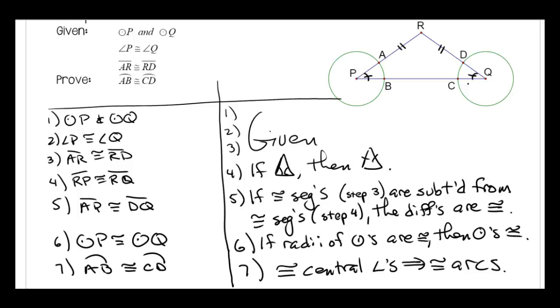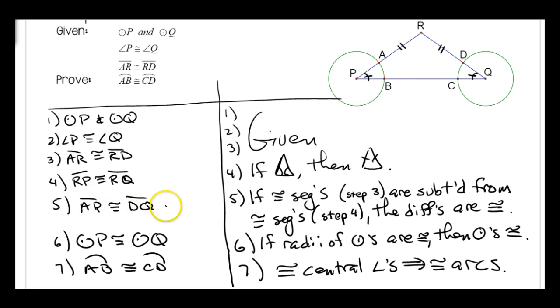So my first step is going to be to get RP congruent to RQ. And if we look at this whole big triangle RPQ, we see that it's got 2 angles congruent. So that means that the sides opposite them are congruent. That's how we get RP congruent to RQ. And if I use steps 3 and 4, I'm going to subtract the segments that were given in step 3 from the segments that we just proved congruent in step 4 to get AP congruent to DQ.